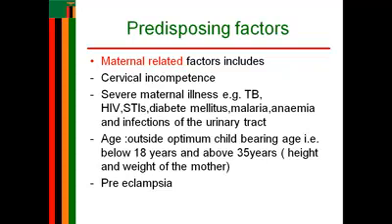Then the other maternal related factor is age. So outside optimum childbearing age, such as below 18 years or above 35 years, these may predispose a woman to having a premature child.